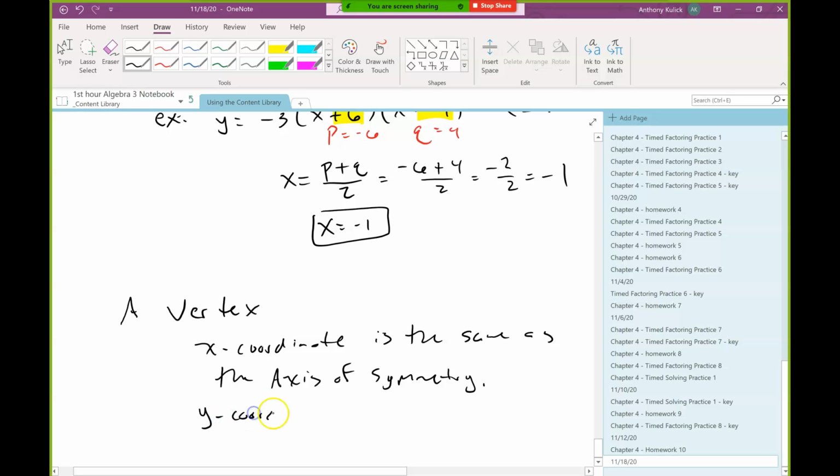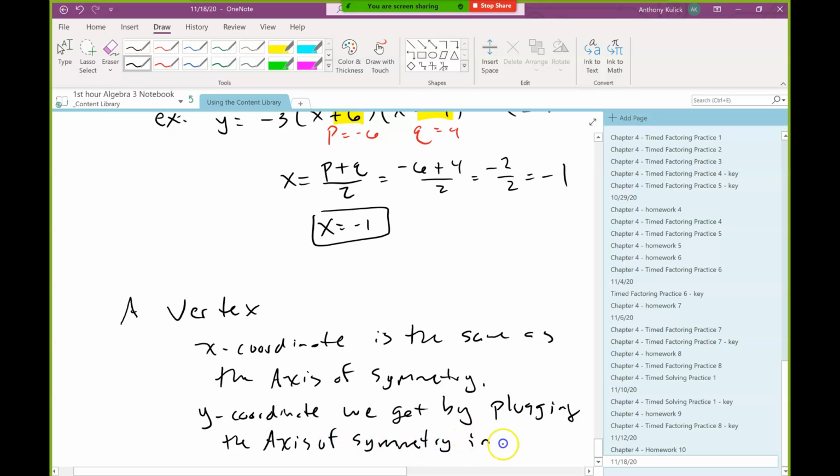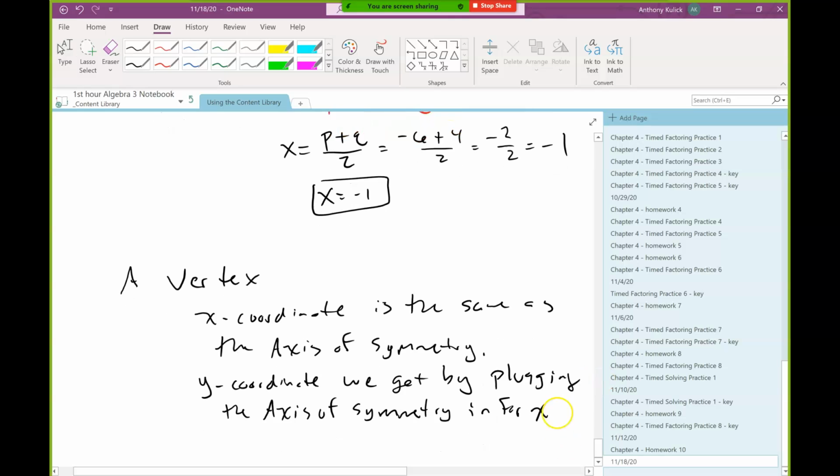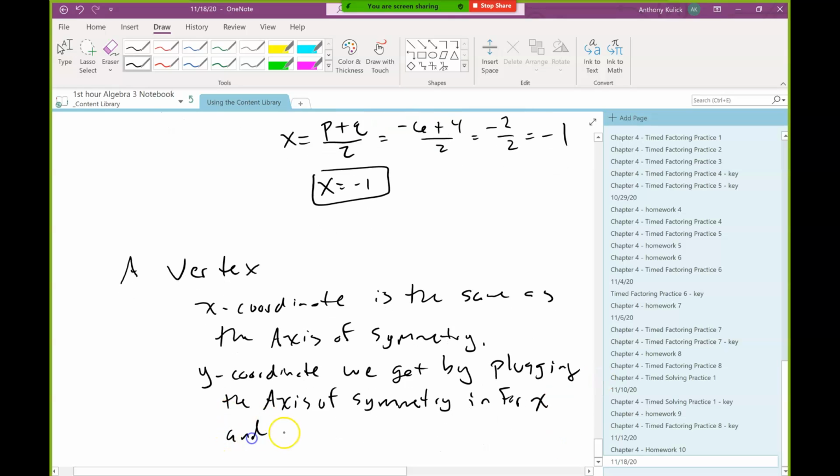The y-coordinate we get by plugging the axis of symmetry in for x and simplifying.